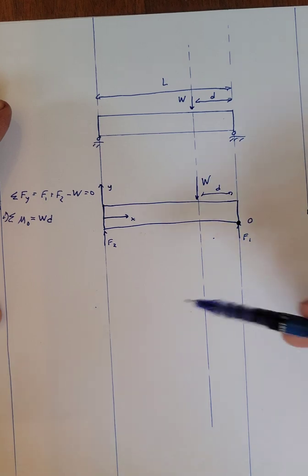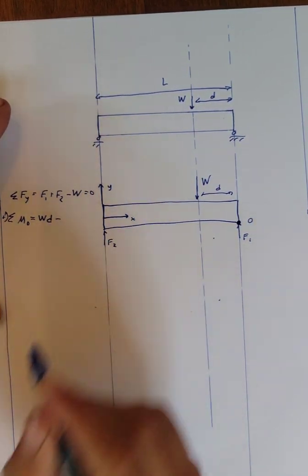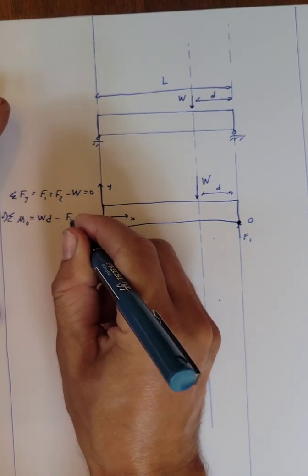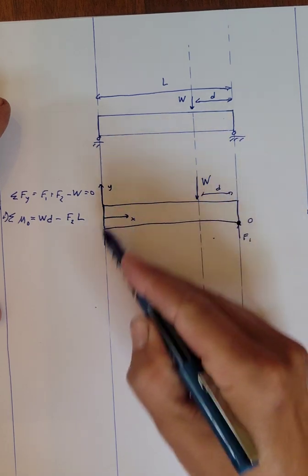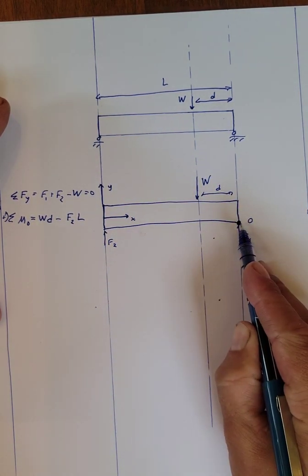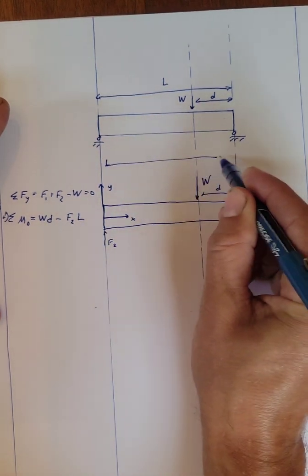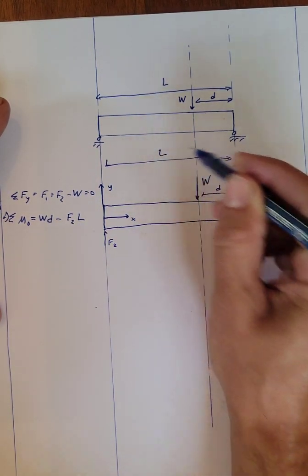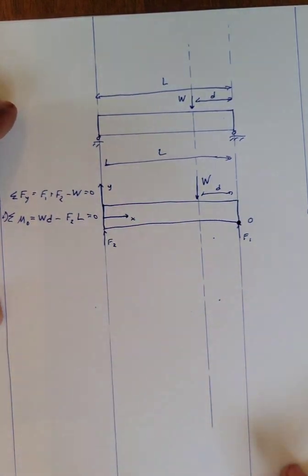And then in the negative direction, going in the opposite way here, negative F2 times L, right? The moment that is produced by F2 around point O has a moment arm of L, right, from above. This also has to be equal to 0, right?